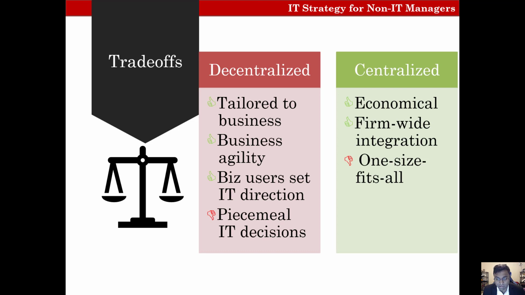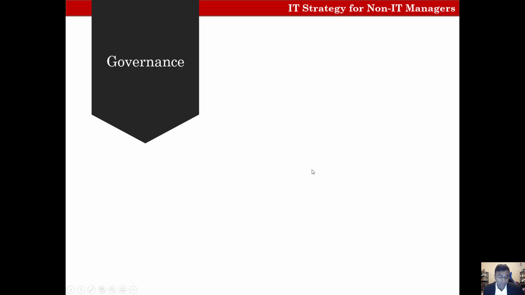There's firm-wide integration. However, it's a cookie-cutter solution where one size fits all, and it basically prevents flexibility and makes things difficult. So you end up needing both. Decentralization covers for some of the disadvantages of centralization, and centralization essentially handles some of the issues that decentralization creates. So you got to kind of do a cost-benefit analysis here of different types of IT investments.